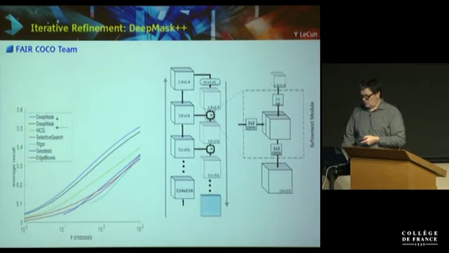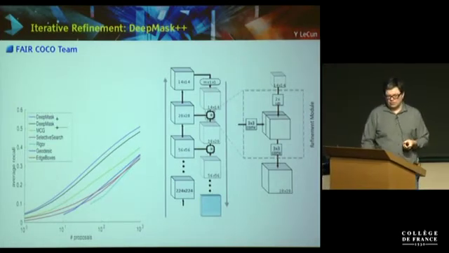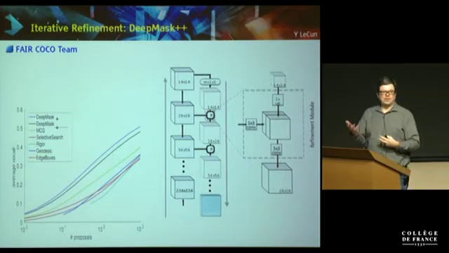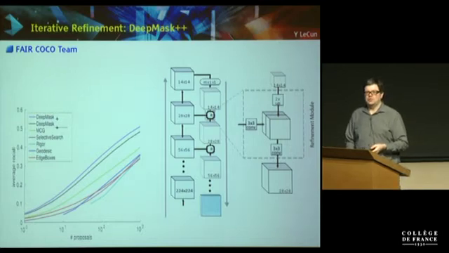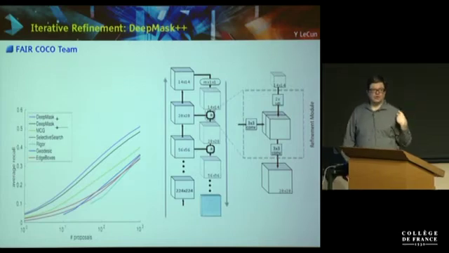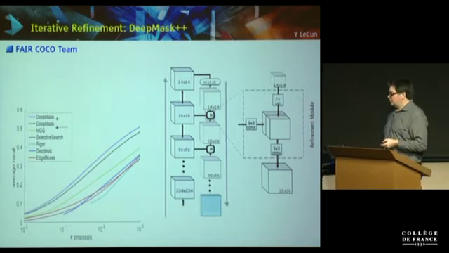And it's quite impressive. There's a team at Facebook working on a system to take part in the Fair Coco contest organized by Microsoft. The findings were presented at ICCV last December.